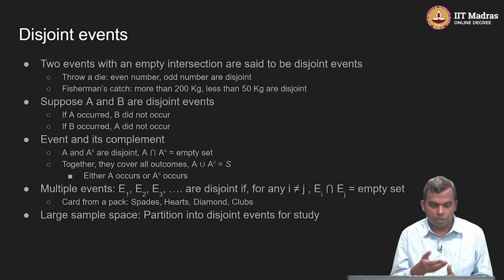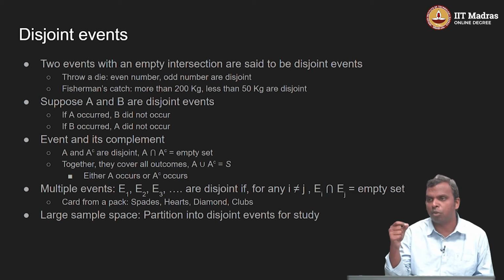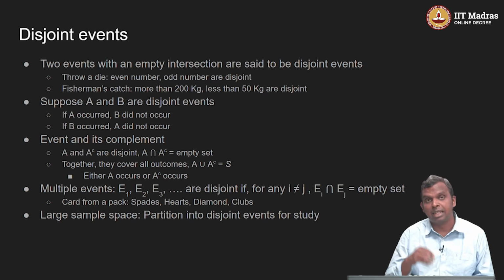Okay, so here's an example. I gave you the example of A and A complement. Here's some other similar example. If you consider the experiment of picking a card from a pack, I can have these four events. What are the four events? Spades, hearts, diamonds, clubs, right? This means the card is a spade, the card is a heart, the card is a diamond, the card is a club.